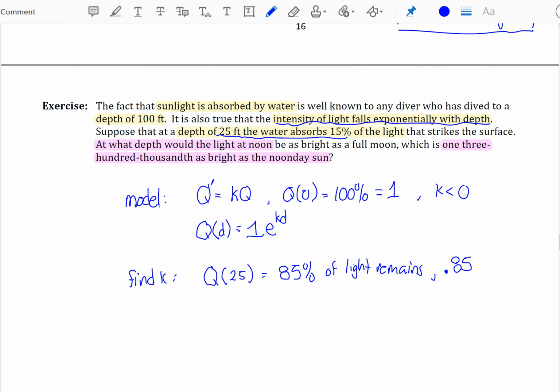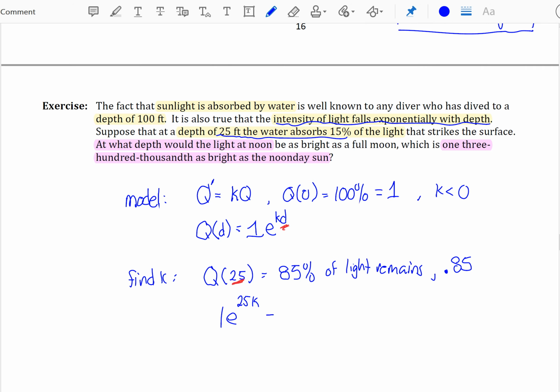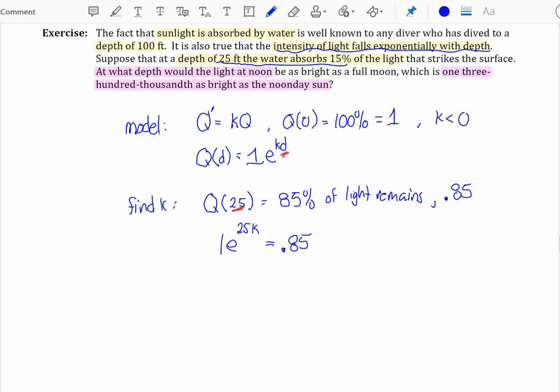So this leads us to find k. It's going to be 1 e to the 25k, where we're letting our depth D be 25. So it leaves k as the unknown quantity, and it has to equal 0.85. Let's just not write the 1. e to the 25k equals 0.85.